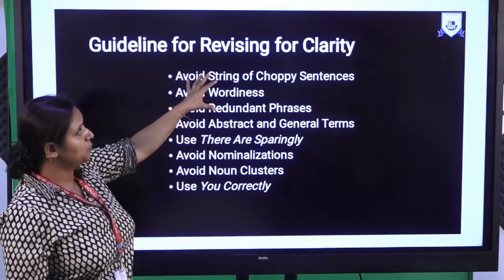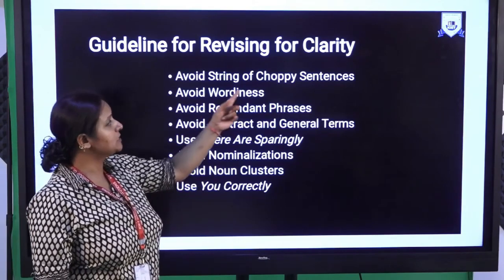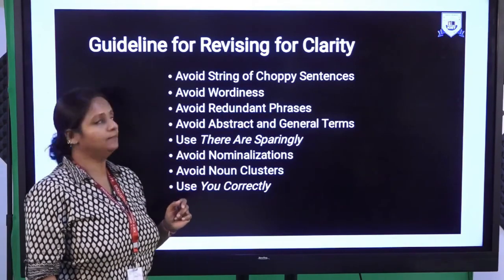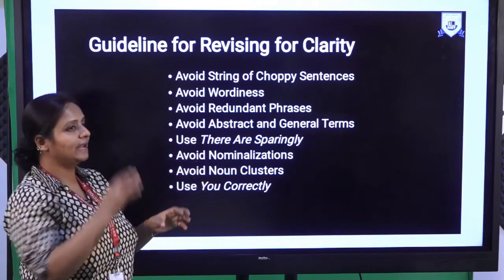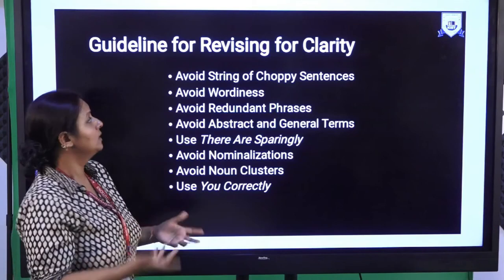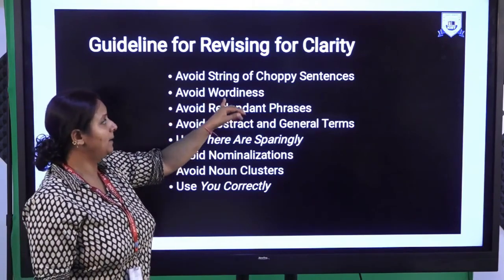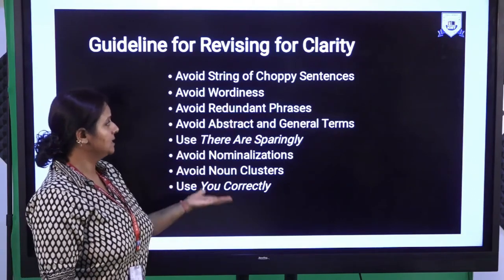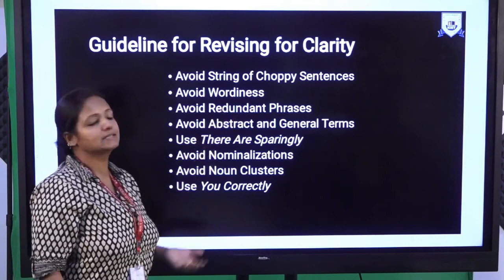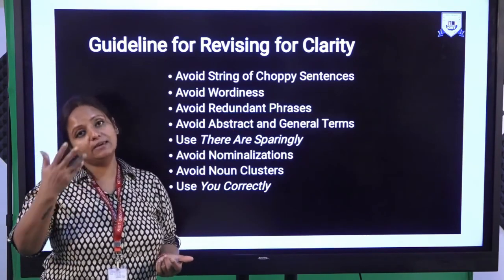So, how can you revise your paragraph or sentence for clarity? Avoid stringy or choppy sentences. That means framing sentences by bringing words from here and there and making them small uselessly. Avoid wordiness, which means putting too many words in a paragraph or sentence uselessly, which do not add to the meaning of the sentence. Avoid redundant phrases. Redundant phrases are two words which are put together and they give the same meaning.